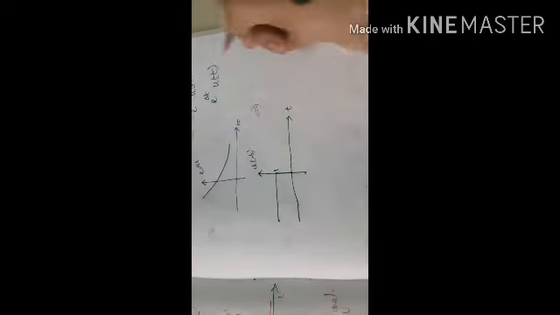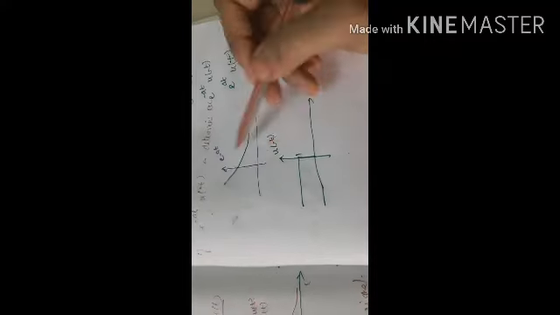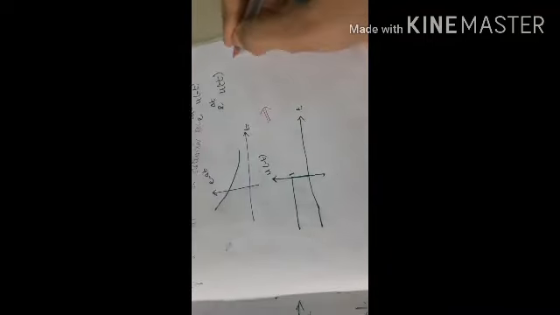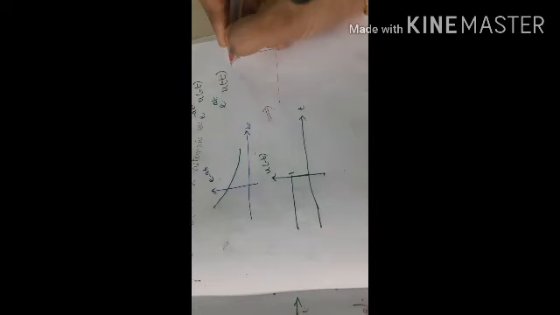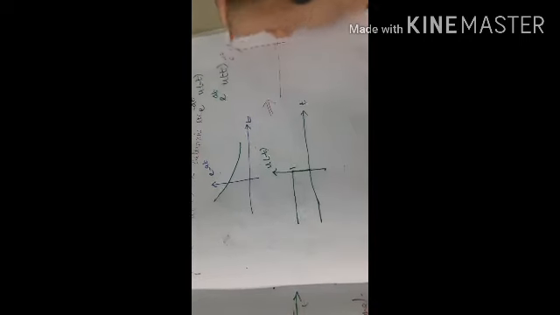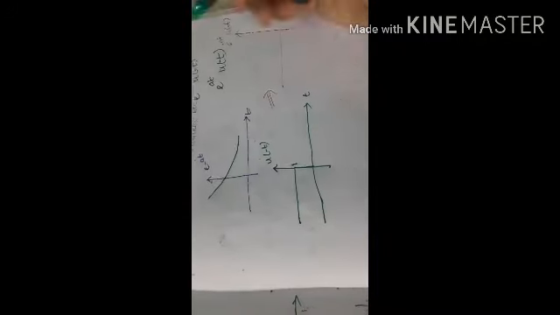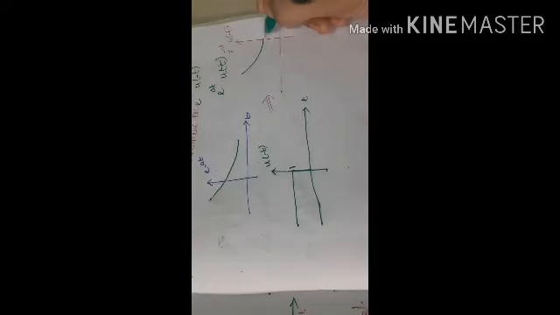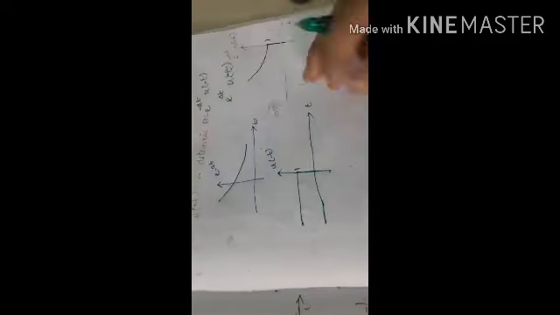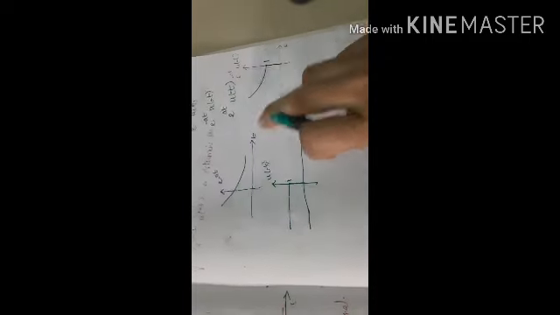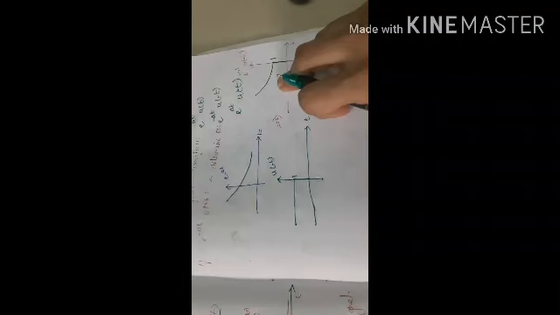By multiplying these two signals, we are getting e power minus at u of minus t. This is our final signal.